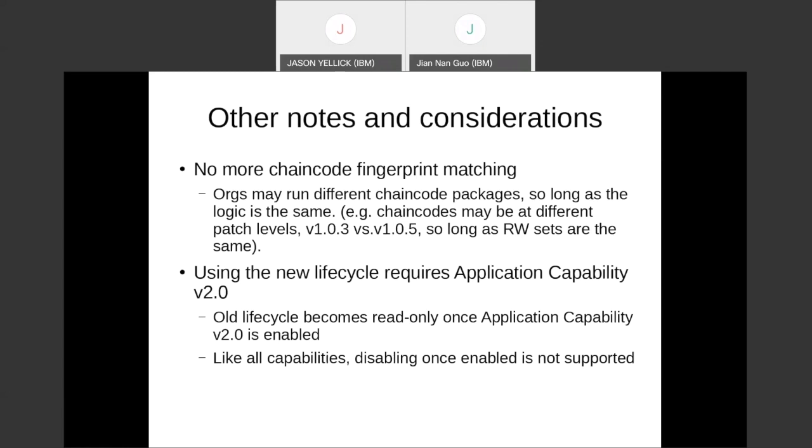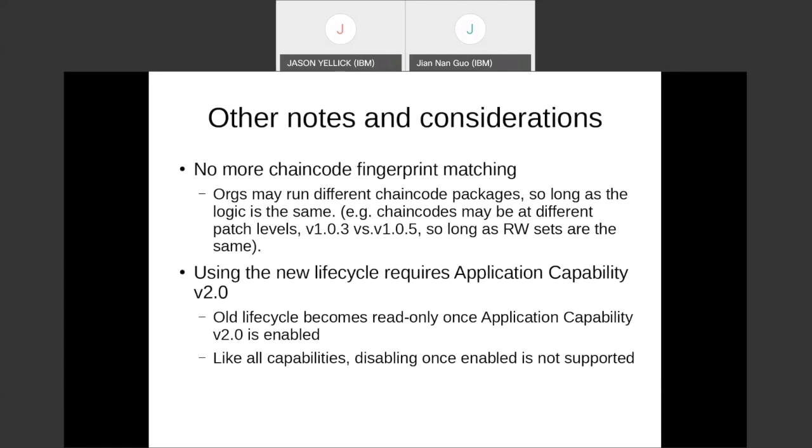And finally, just in case anyone's immediate thought was, let's turn off the capability to get the old lifecycle writable again, that might work, but like all capabilities, once you enable a capability, disabling it is not supported. It's simply not tested, and things could go wrong in odd ways.